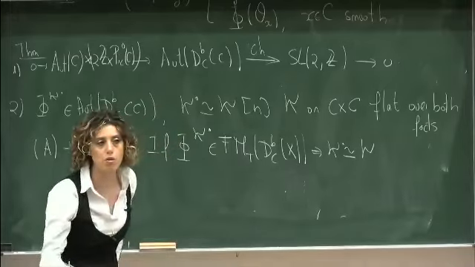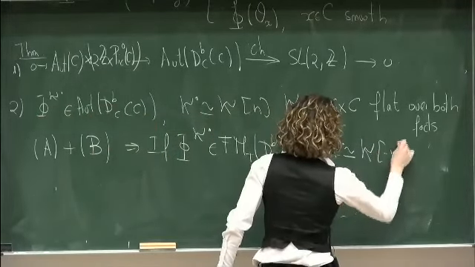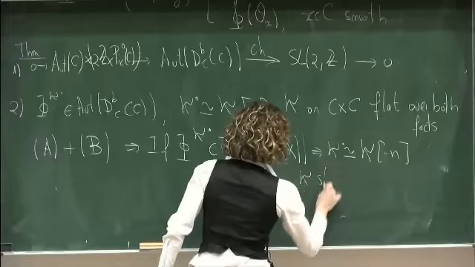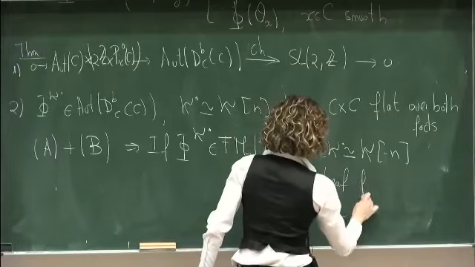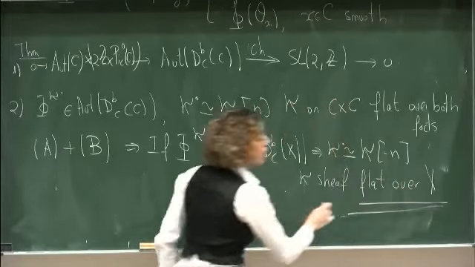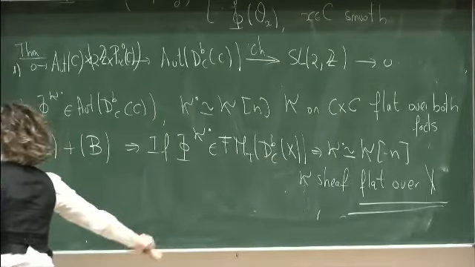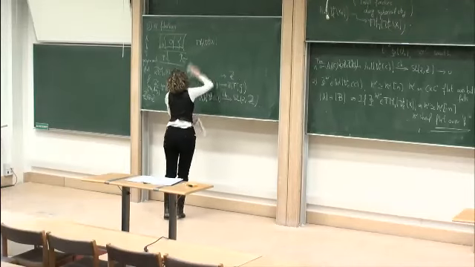Any restriction is an equivalence by A, and then this is a shift flat over X. And this is important. Okay, because why is this so important?